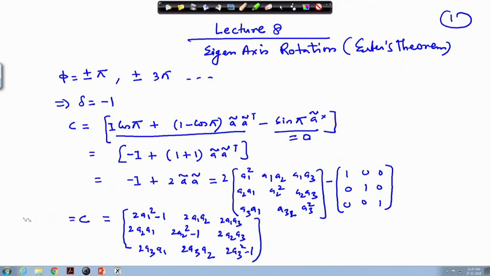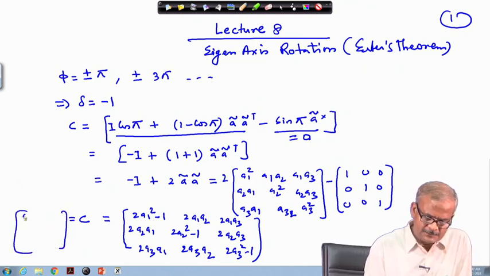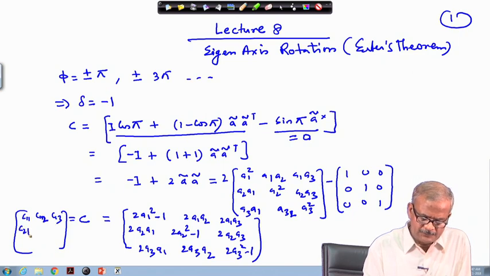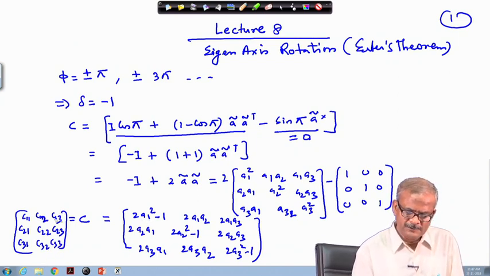Now of course, you know that C is C11, C12, C13, C21, and so on. So compare these terms.